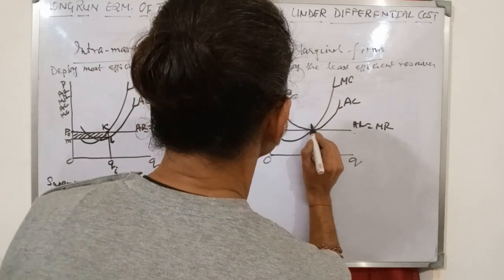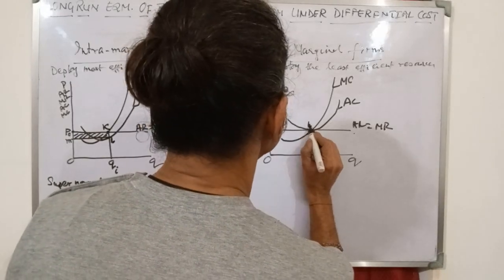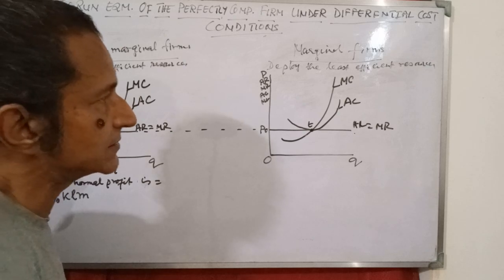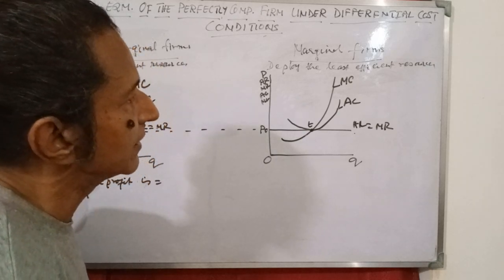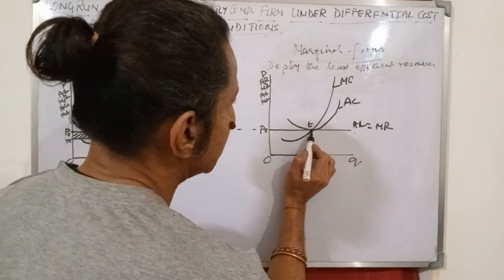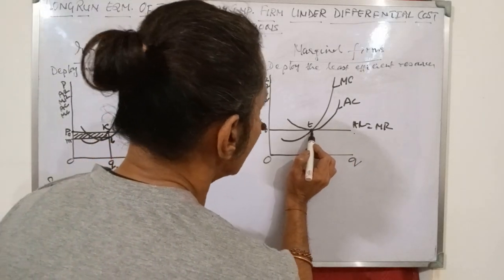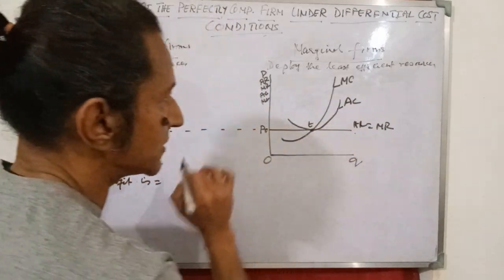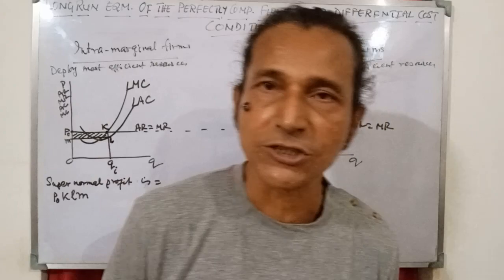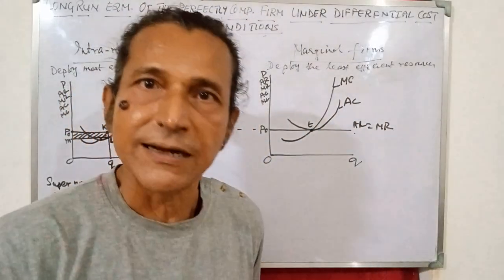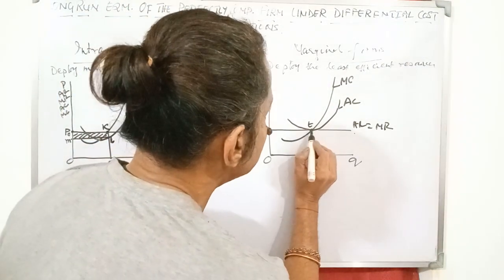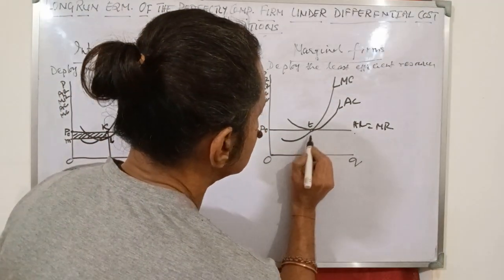Let this point be P, and you can see that the marginal revenue curve is tangent to the long run average cost curve at the latter's minimum point, which is also a point of the long run marginal cost curve. Any marginal cost curve, whether long run or short run, intersects the average cost curve at the latter's minimum point. So it is the minimum point of the long run average cost curve.